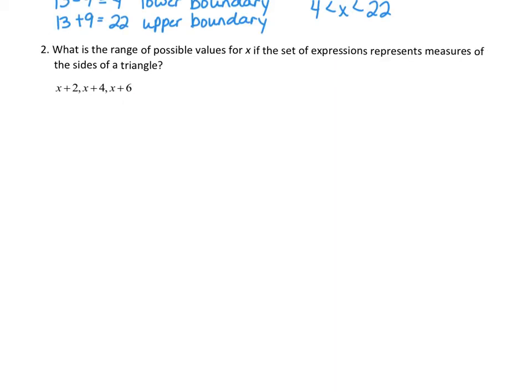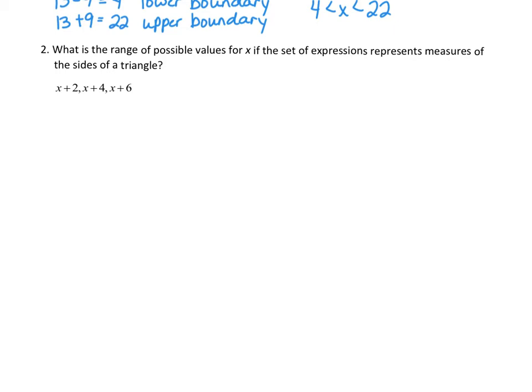In this second problem, it says, what is the range of possible values for x if the set of expressions represents measures of the sides of a triangle? So this is a little bit different because here we actually have algebraic expressions rather than just numbers. But the process is still the same.